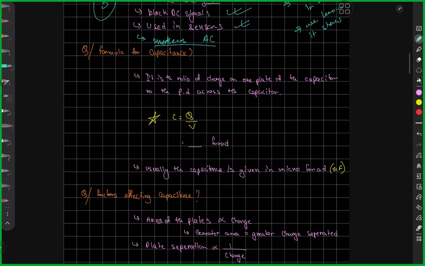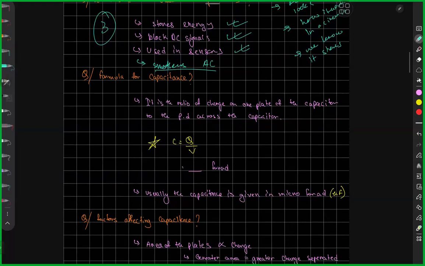Now, the formula of capacitance. I mean, intuitively, if by definition you have to write it, you should be able to. What do we know about capacitance? What is the definition of capacitance? Charge stored on one side of the plate when 1 V is supplied.